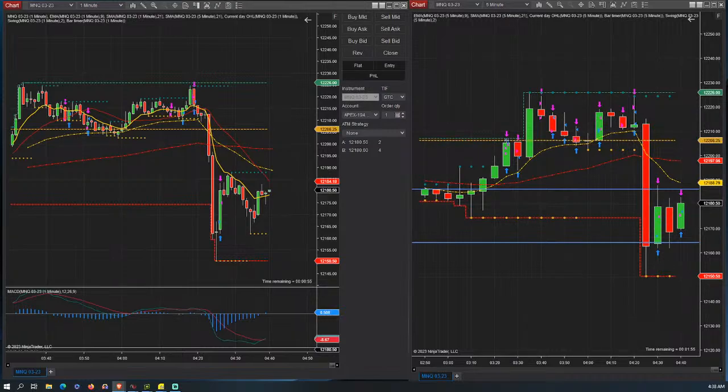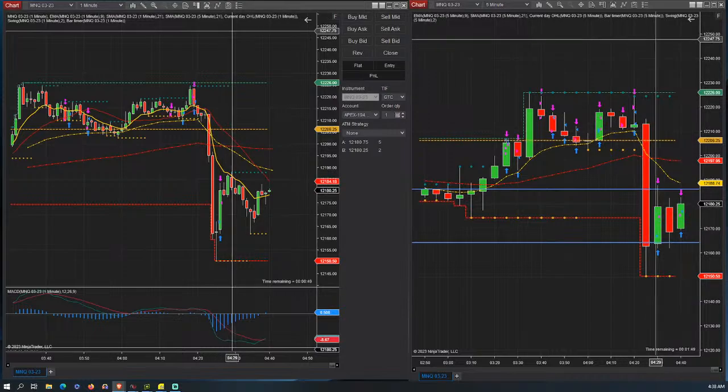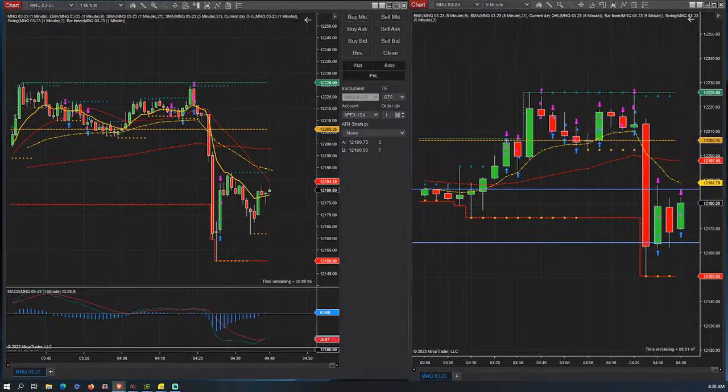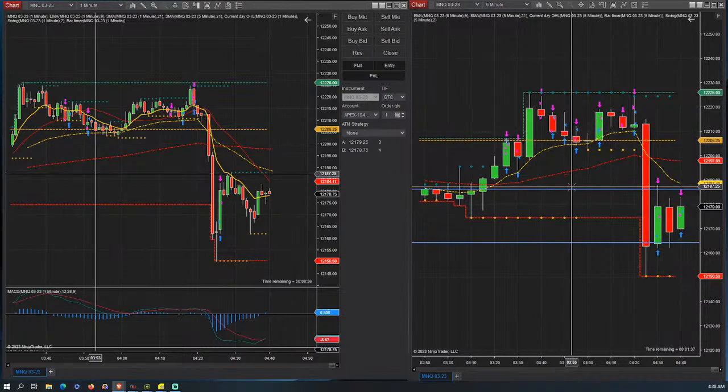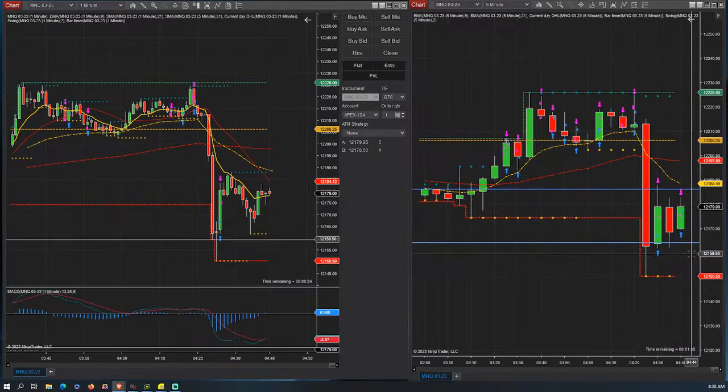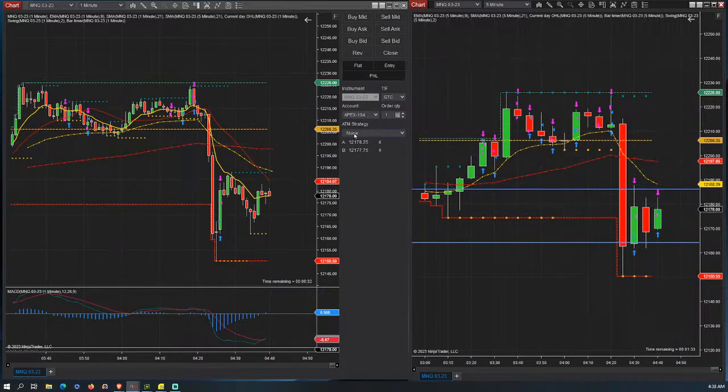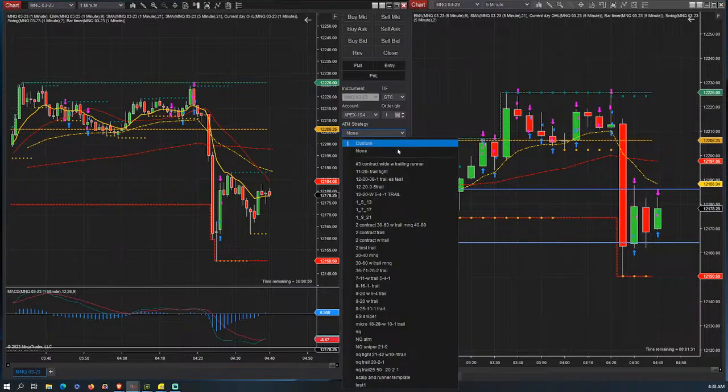Alright, so slightly indecisive right now, but is it choppy? Let's see what this thing wants to do. I say it's building a base, honestly. This is building a base right here. Why does that have no strategy?